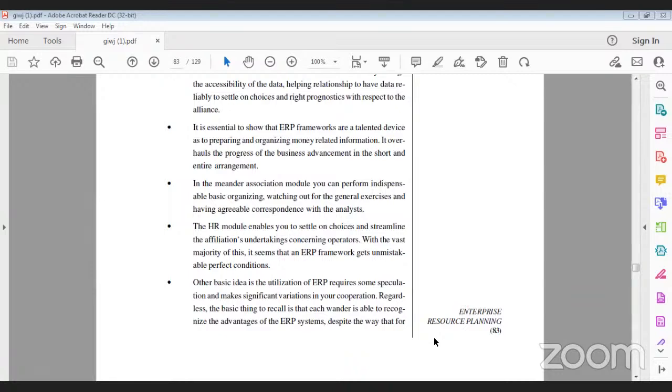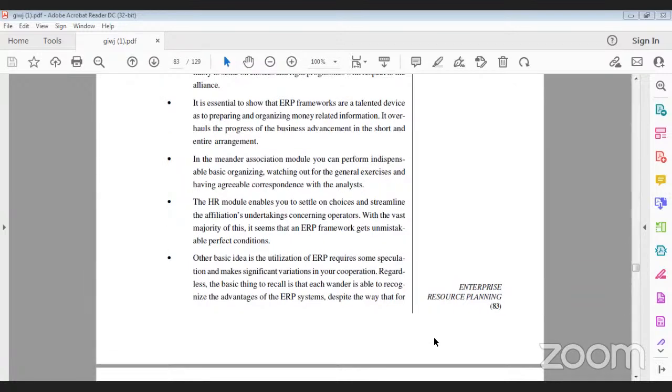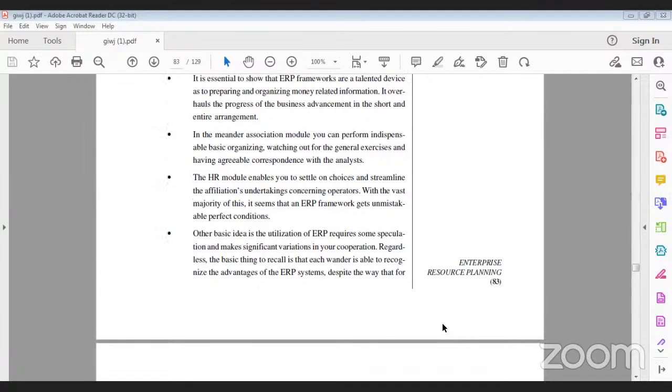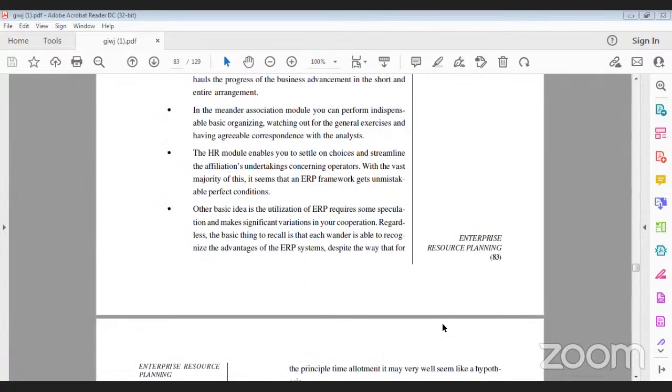Then the next point is another basic idea of the utilization of ERP: some speculations make significant variations in your cooperation.